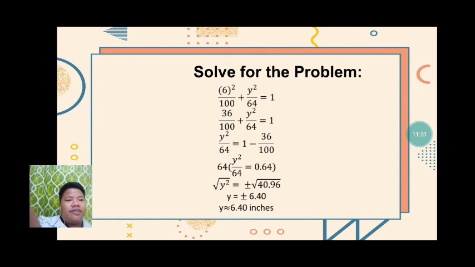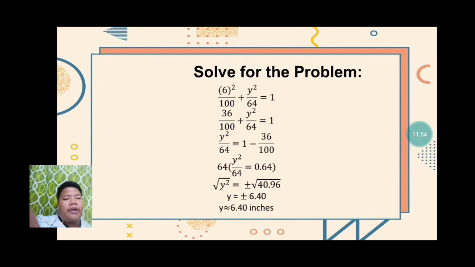6 squared is 36, copy 100 plus copy the y squared over 64 is equal to 1. Y squared over 64 is equal to 1 minus 36 over 100.